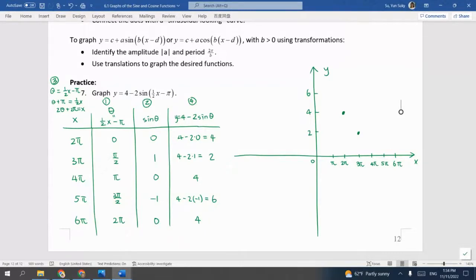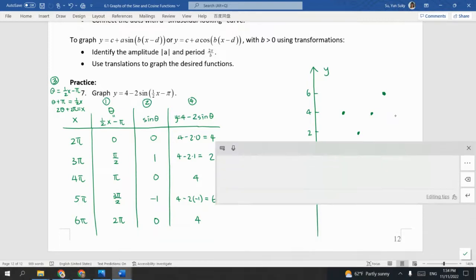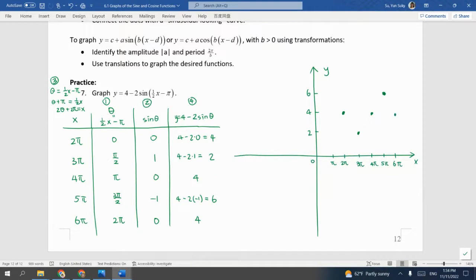4 pi, we get what? 4. 5 pi, we get 6. 6 pi, we get 4. See? Okay, connect them smoothly. This is a picture. That's 1 period.